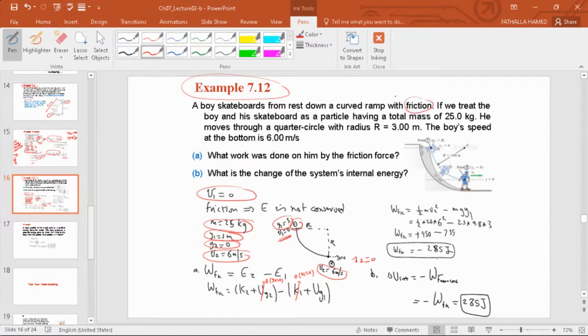Now, they tell us that there is friction, and I know that I will have a delta E. E2 minus E1 is not going to equal 0, but it will equal the work done by other forces, and that work is done by friction.